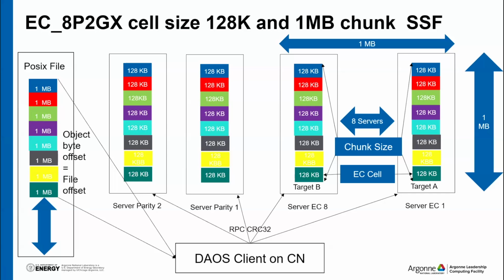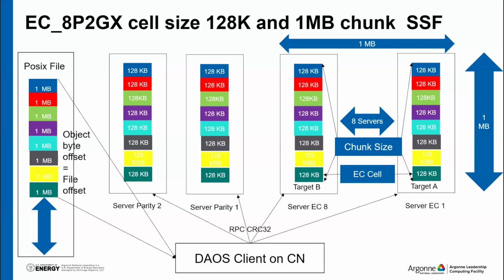So when DAOS goes to store an object, it looks at the object in terms of bytes and byte offsets. If our container type is a POSIX container, then these byte offsets are going to be the same thing as the file offset in bytes.